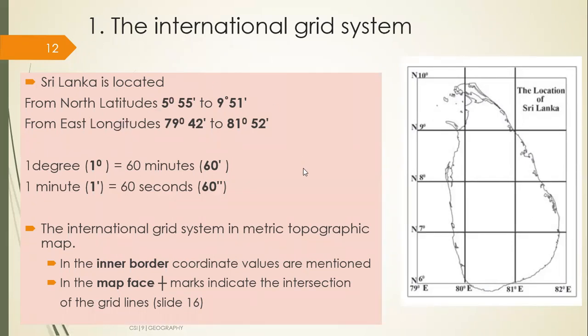Hope that you can remember we learned this in grade 6 also and grade 8. So here from north latitudes, we are in the northern part of the world, northern hemisphere, so north latitudes. The drawing has started from only 6 degrees, but the line should go down.